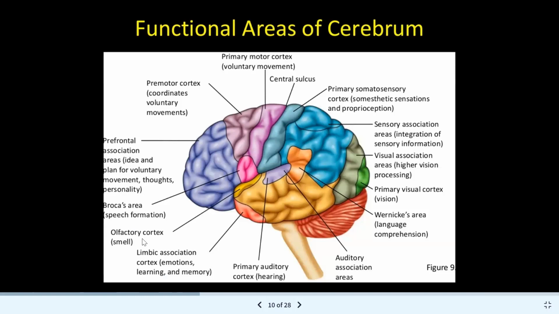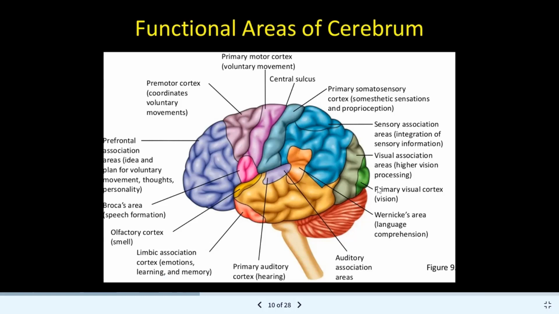Okay. Olfactory cortex is associated with smell. Okay. And the limbic association cortex is related to emotions, learning and memory. Okay. Primary auditory cortex is related to hearing. Auditory association areas, means it is related to hearing. Okay. Next one, if you talk about Wernicke's area, it is for language comprehension abilities.